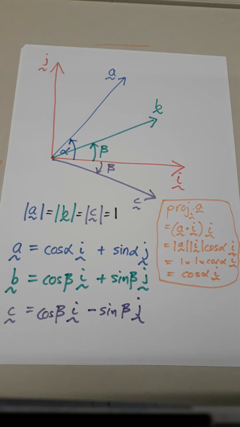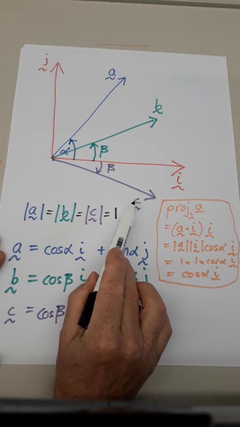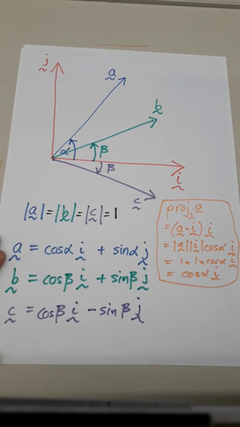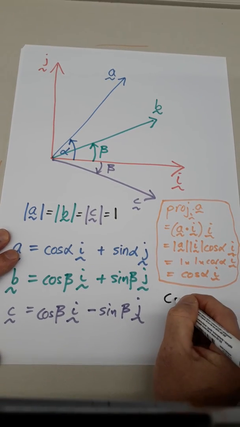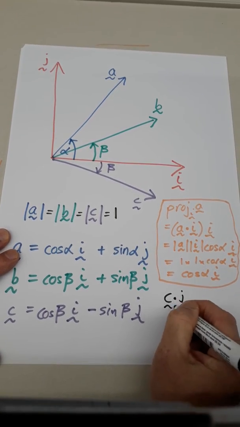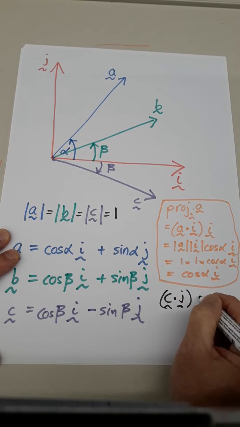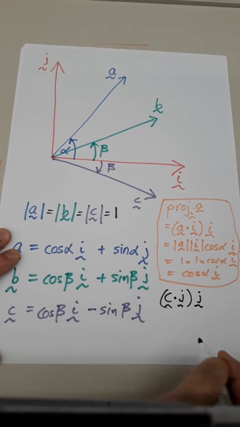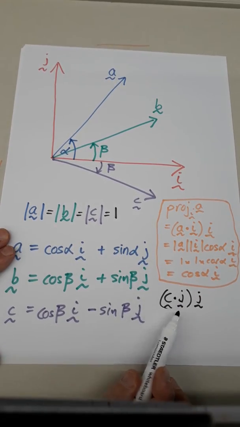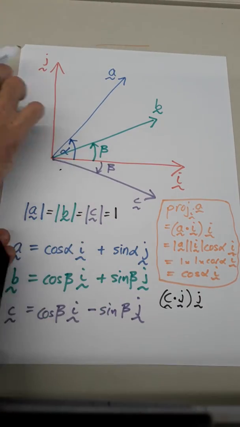to write this purple vector, vector C, in component form. Now, if you were to work that through in terms of the projection of C onto J, then it would be C dot J times J. That would be the projection of this vector C in the J direction.